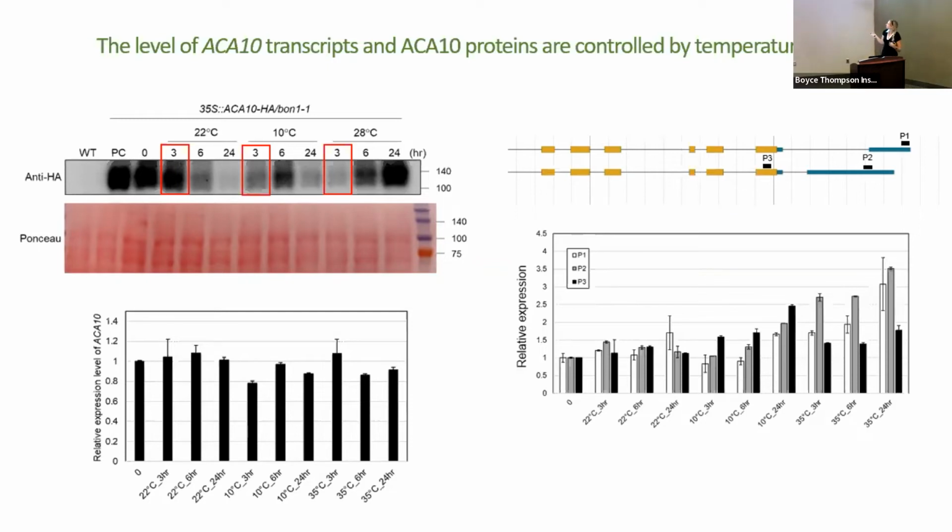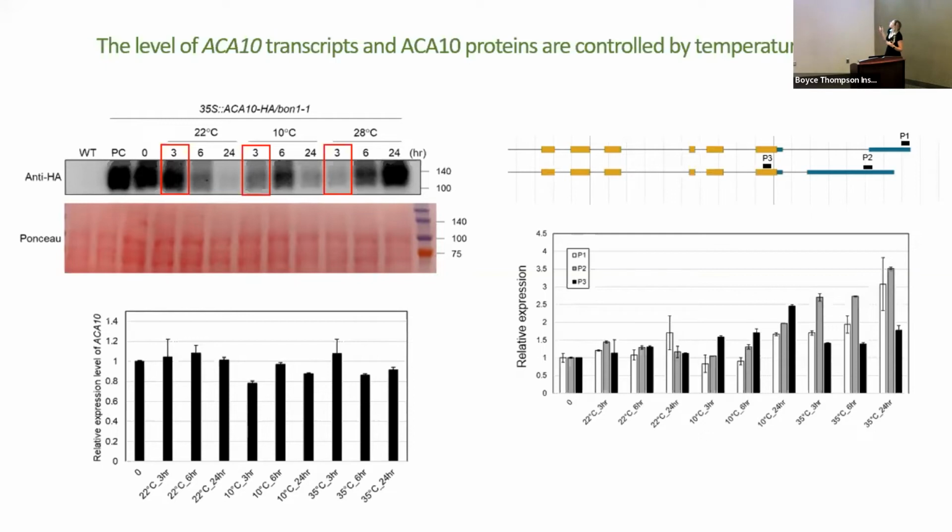And then looking at how I quantified transcript levels, I grew plants at 22 degrees Celsius for 2 weeks, harvested, and then incubated at 22 degrees Celsius, 10 degrees Celsius, and 35 degrees Celsius for 3, 6, and 24 hours. From there, I isolated RNA, and then I produced cDNA using an RT-PCR. And from there, I was able to quantify RNA levels using a qPCR.